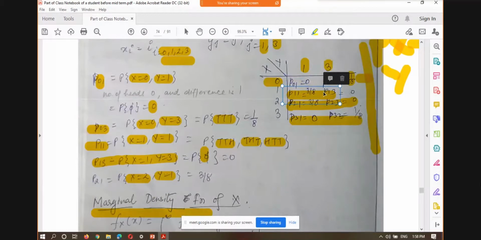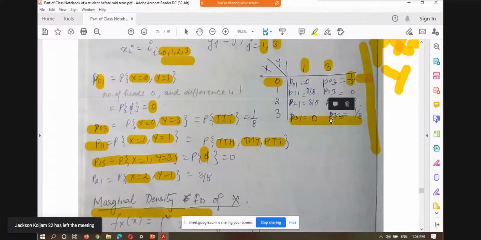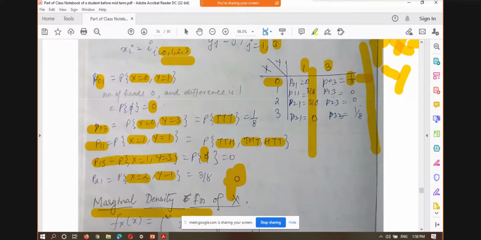If I add these values present in the column, I will get the probability that y equals 1, and that is this 6 by 8.